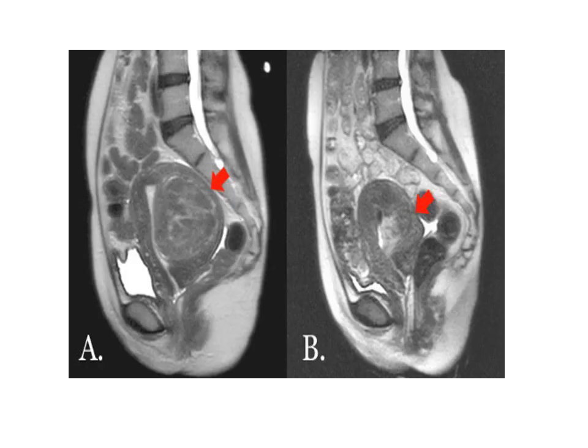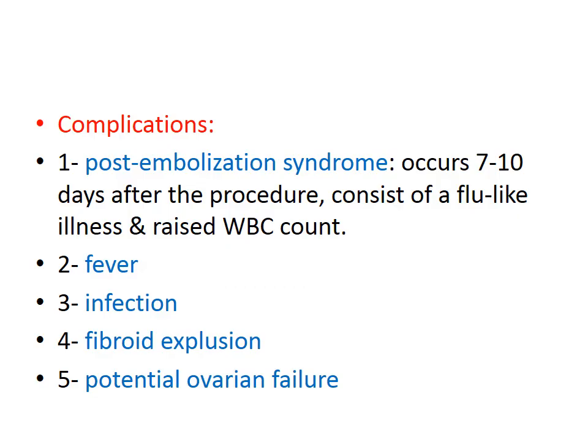This figure demonstrates the reduction in the size of a uterine fibroid after the embolization technique. As you see, figure A presents the pre-embolization size, while figure B is the post-embolization size. What about the complications? The most common is what is known as post-embolization syndrome.